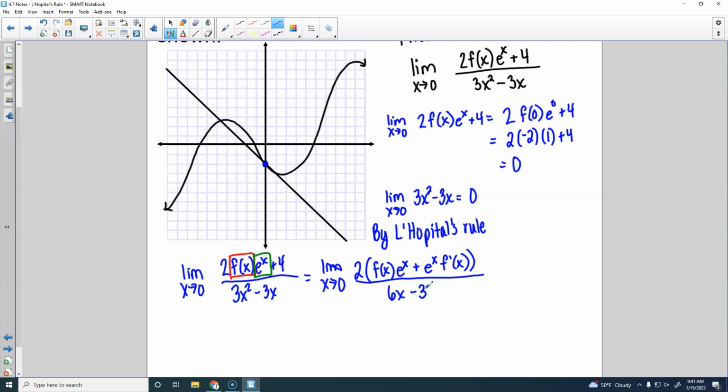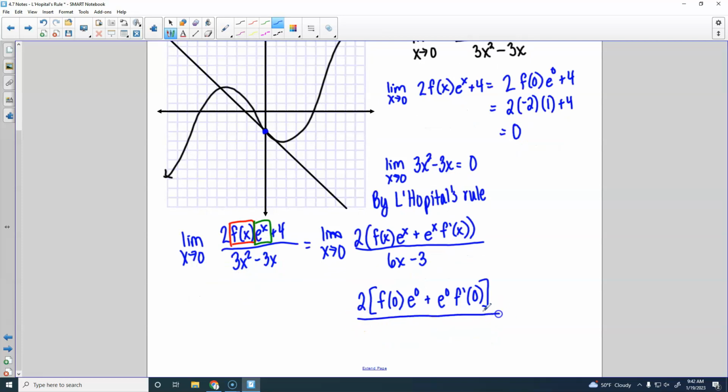Now, I know in the bottom I'm not getting 0 anymore, so I'm probably good to plug in at this point. All right, so I'm going to have 2 times f of 0 e to the 0 plus e to the 0 f prime of 0 over 6 times 0 minus 3.